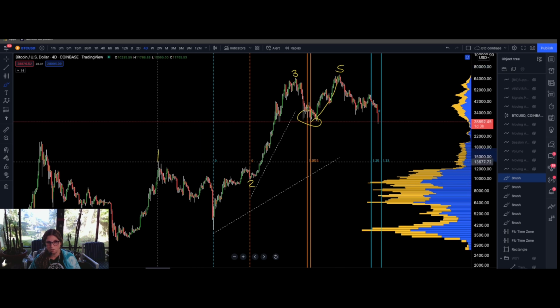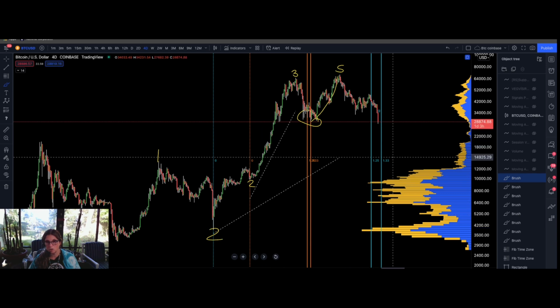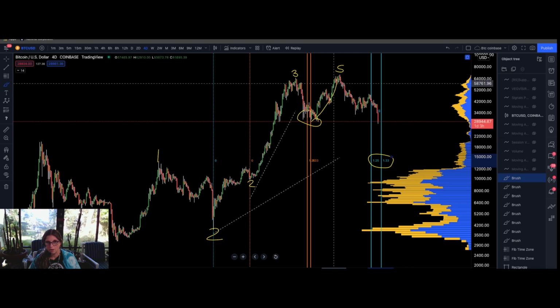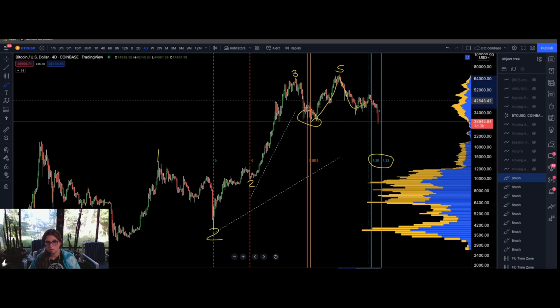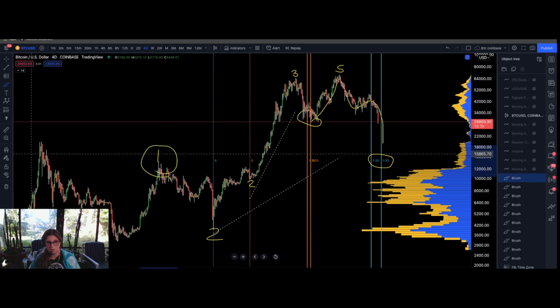But if this is a 1 and this is a 2, okay, if it is, then we are coming close into the time of saying that this is a 4th wave. All we have to do is stay out of the 1. We can totally come into this top.